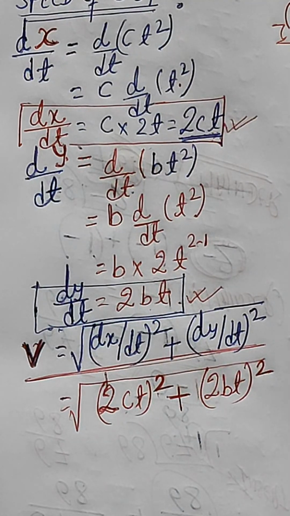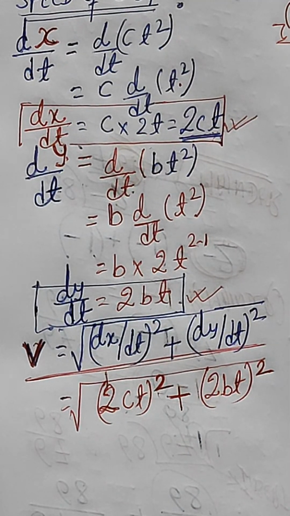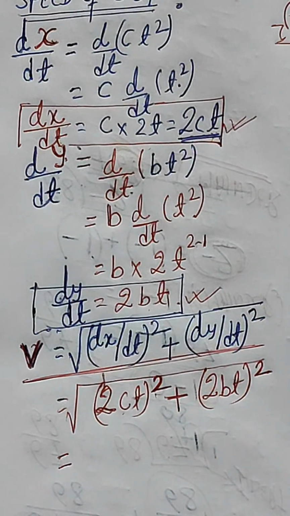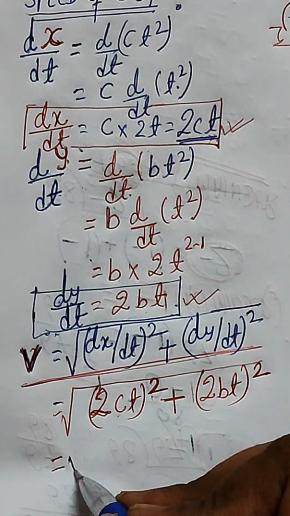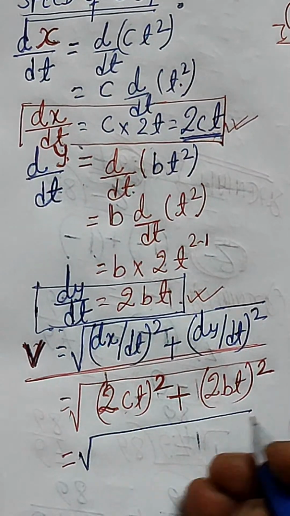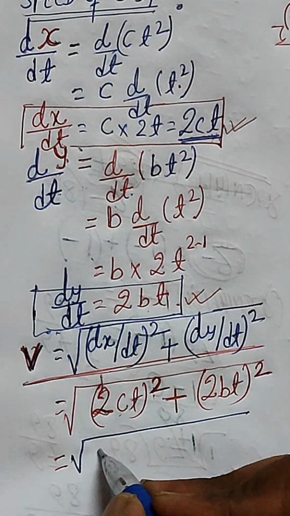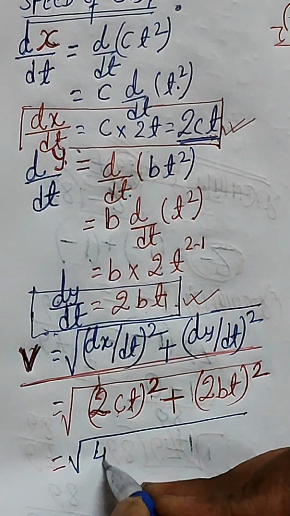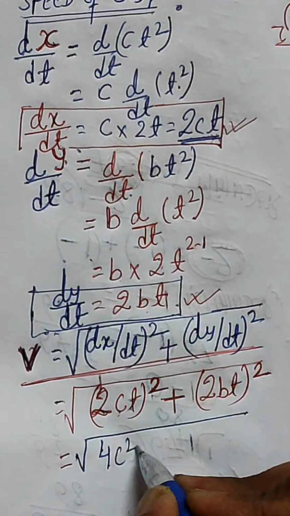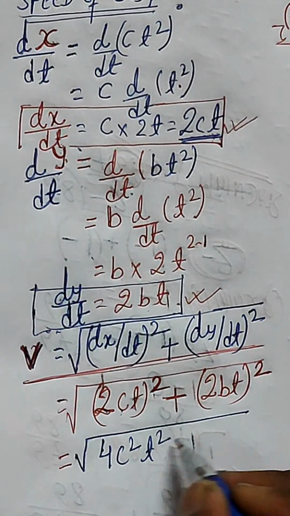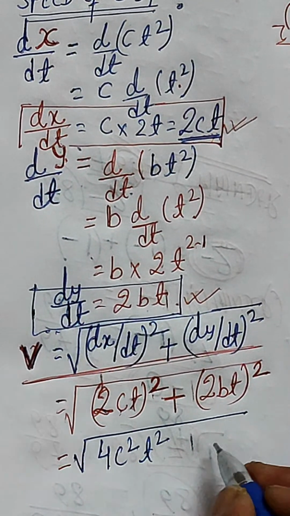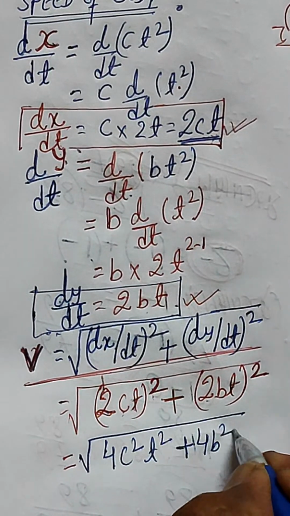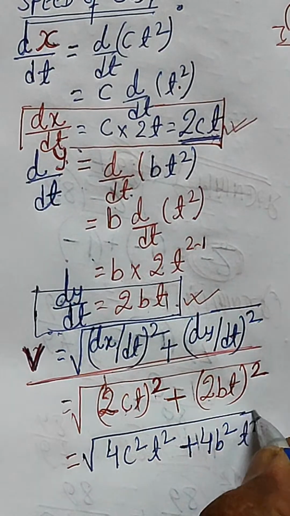Now this will give you, again changing the pen, 2 square c square t square, that is 4 c square t square, right, plus 4 b square t square, isn't it?